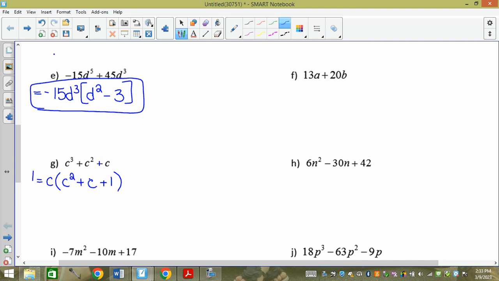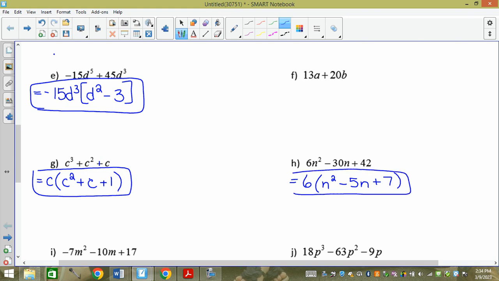So that's it for that one. For H, I can take out a 6. When I take 6n squared divided by 6, I get n squared. Minus 30 divided by 6 is 5n. Plus 42 divided by 6 is 7. Not as good as that gets. You can't factor.